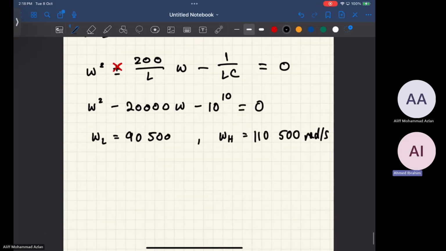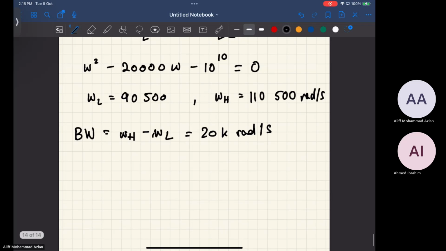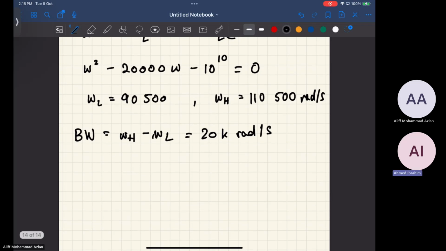From that, we can simply calculate bandwidth as omega H minus omega L, which gives us, I think that would give us 20K. Yeah. And then we just calculate Q by doing omega 0 over bandwidth.